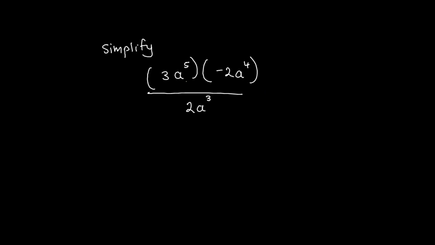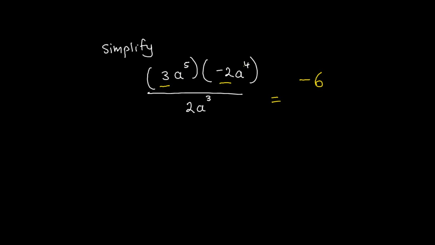To simplify this, the first thing I need to do is simplify the numerator, the top part of the fraction. It's actually 3a raised to the power 5 times negative 2a raised to the power 4. So 3 times negative 2 is negative 6. A raised to the power 5 times a raised to the power 4. Now, although this is paper 1 section B, you still need to know the content from section A as well, especially the laws of exponents.